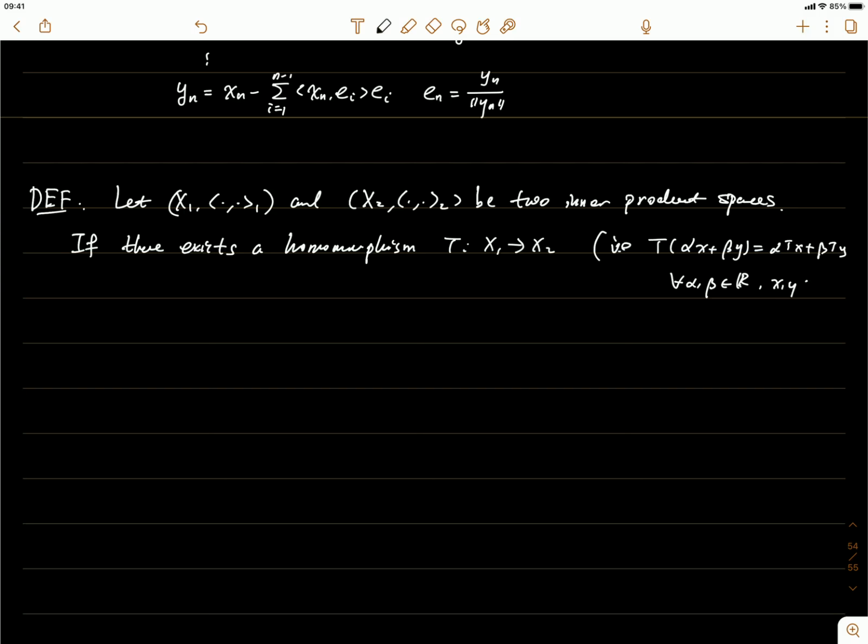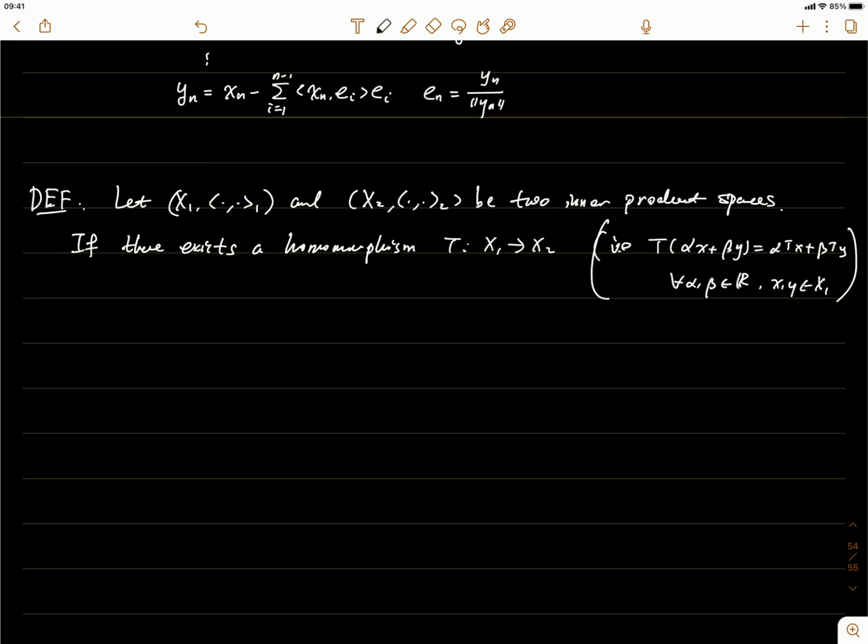If this is true, and also T is a bijection, then we say that T is a homomorphism, right?